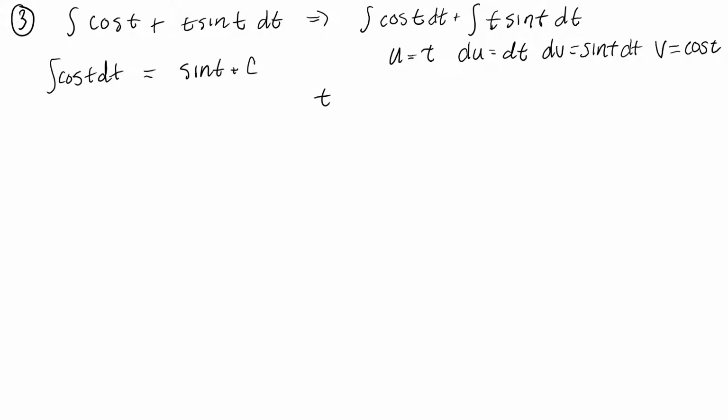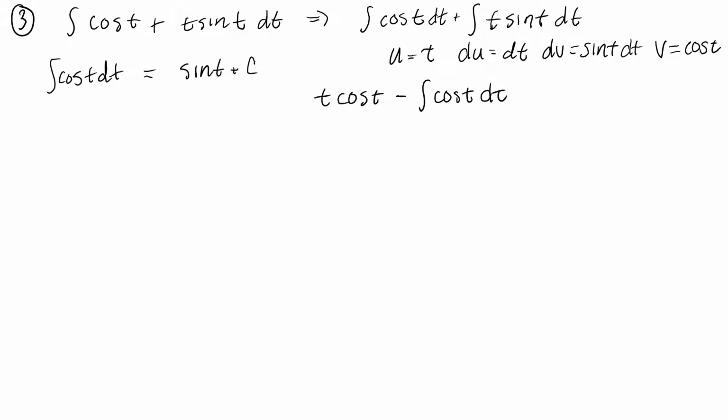So we have t times v, so t times cosine t, minus the integral of v, cosine t, times du, which is dt. We'll go ahead and simplify all this out.